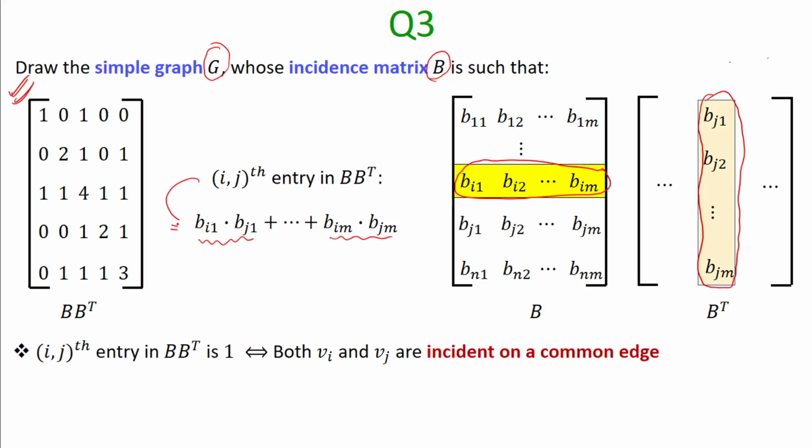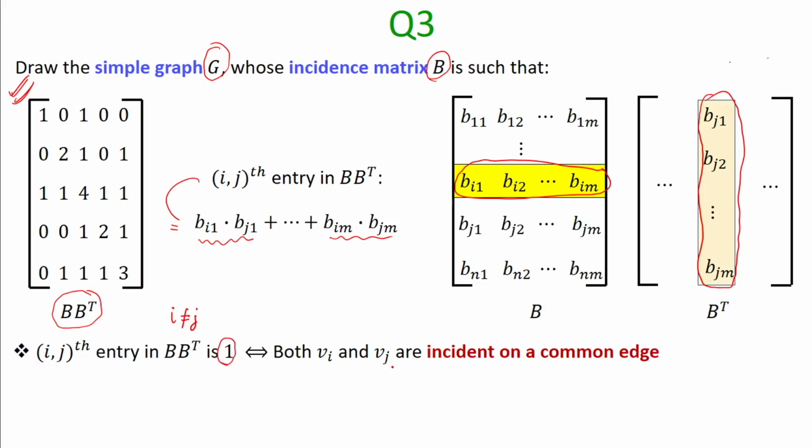And we are given the value of B times B transpose. So now what I can say is the following. If I take any i comma j entry where i is not equal to j, then the i comma j entry in the product matrix B times B transpose will be 1 if and only if the vertex vi and the vertex vj are incident on a common edge. That means they are the endpoints of an edge.